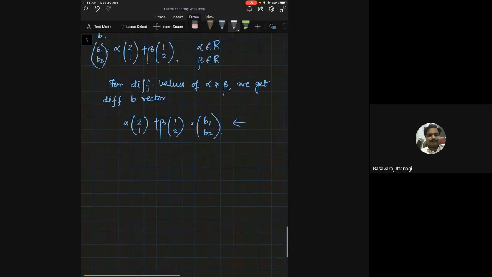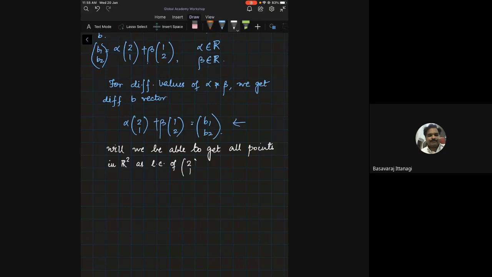So the question is, will we be able to get all points in R2 as linear combinations of (2, 1) and (1, 2)?